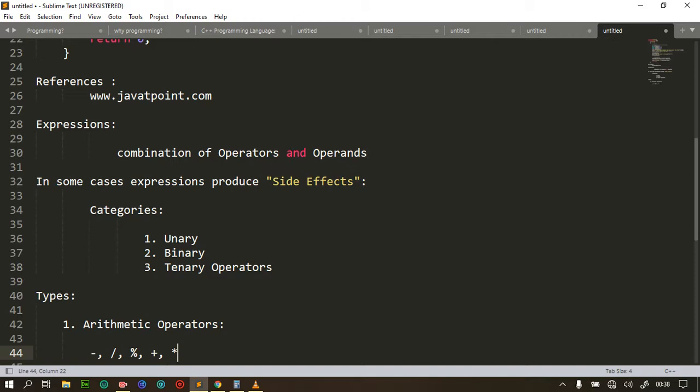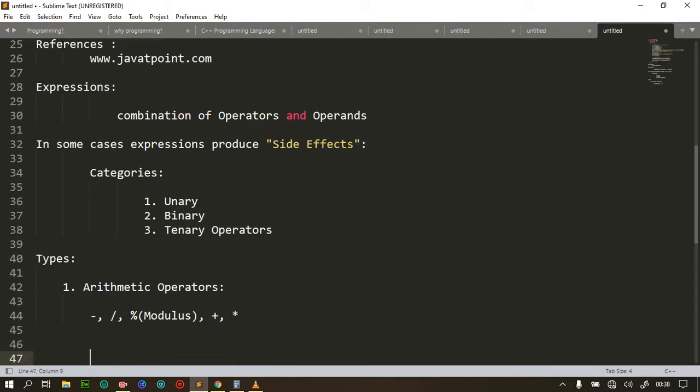Those are the basic ones. In your normal math, this is called a percentage. Here in programming, we call this a modulus. Multiplication, some of you use X. In programming we use the asterisk.